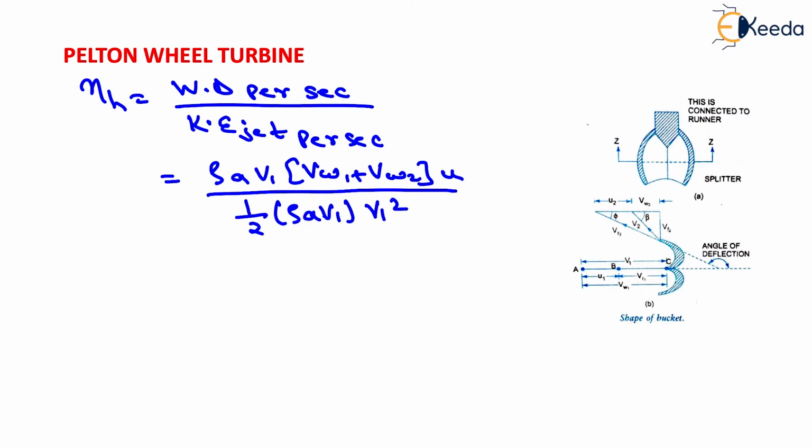Now on rearranging this, we will have 2 into (VW1 plus VW2) into U upon V1 squared.